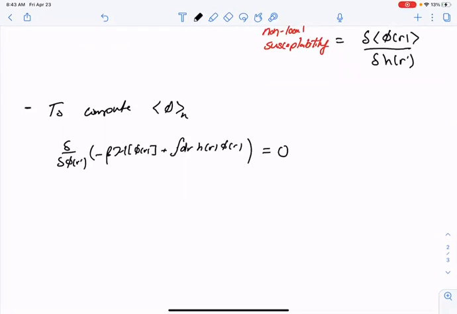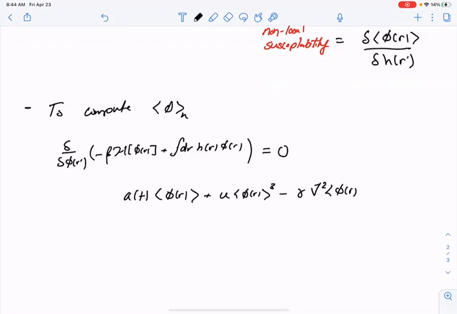We've written this down before. It's a so-called Euler-Lagrange equation. Inserting what we mean for the Hamiltonian, we'd have a term a of t times the average field at R, plus u times that average cubed, minus gamma times two gradients of that average, and that would all be equal to that external field.